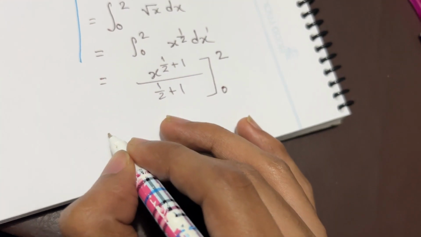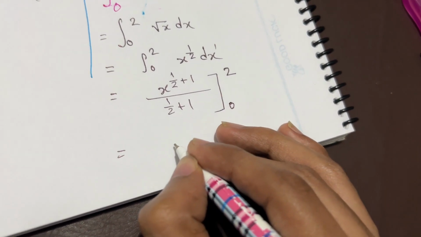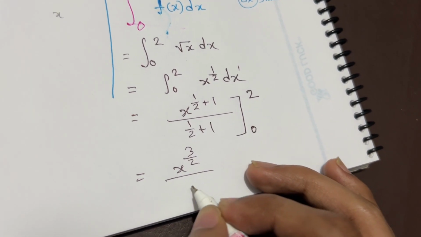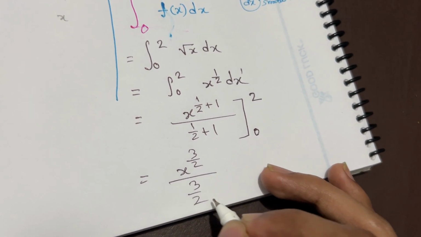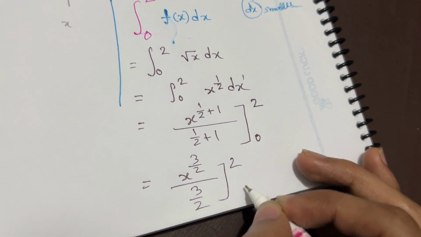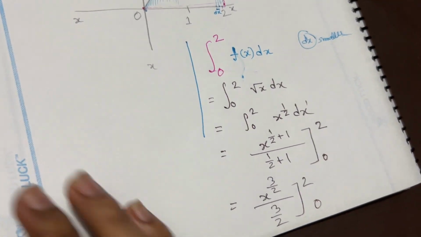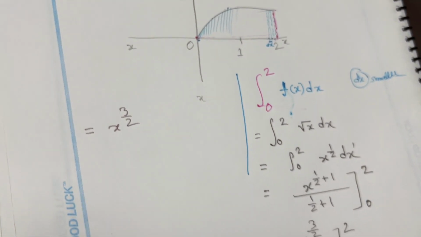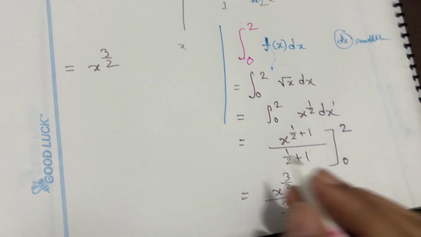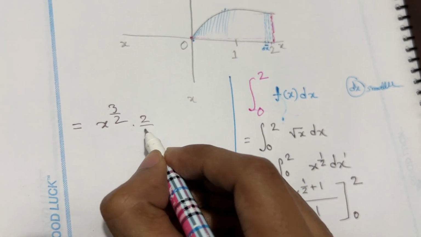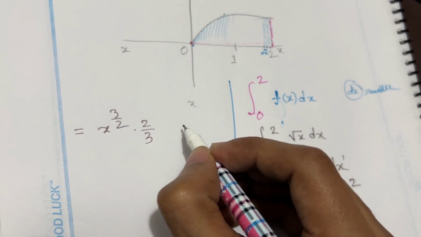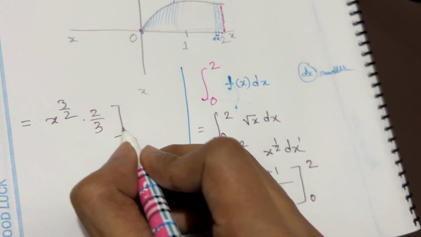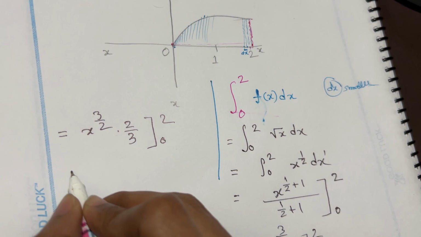Now if you calculate it here, it's x to the power 3 by 2, divided by 3 by 2, and put your limit. So it should be x to the power 3 by 2, and if we put 2 on the upper side, this is 2 by 3, and 0 to 2.